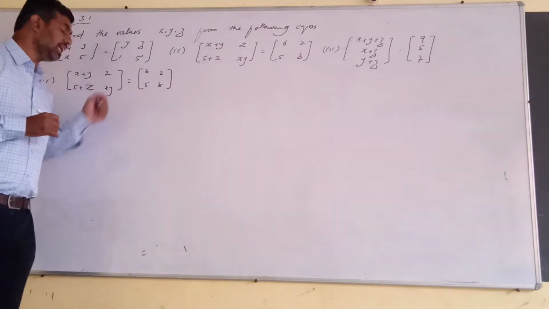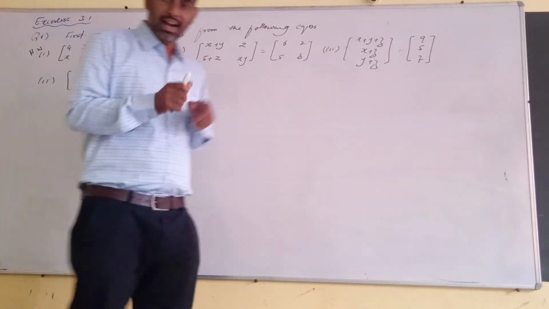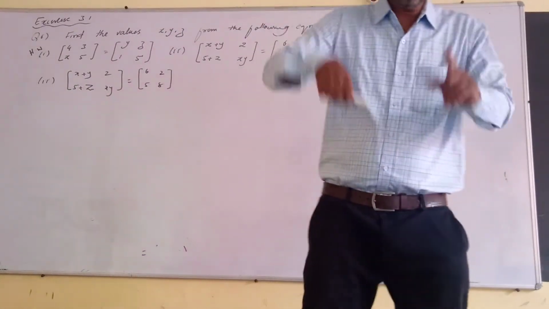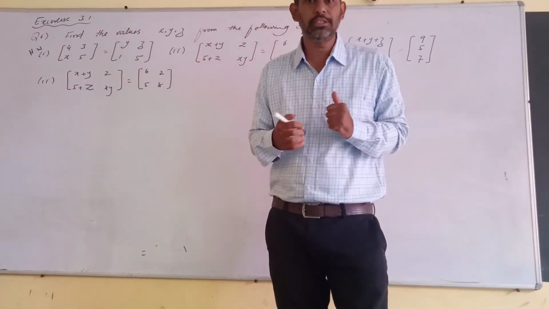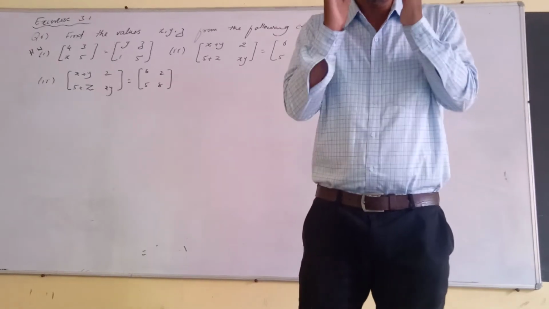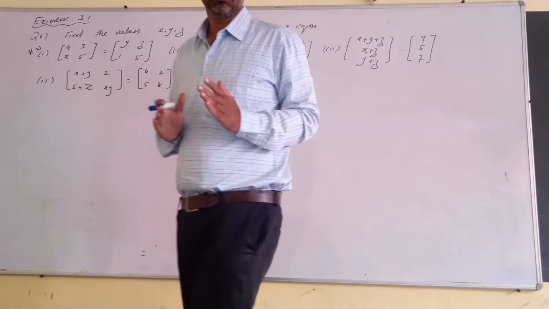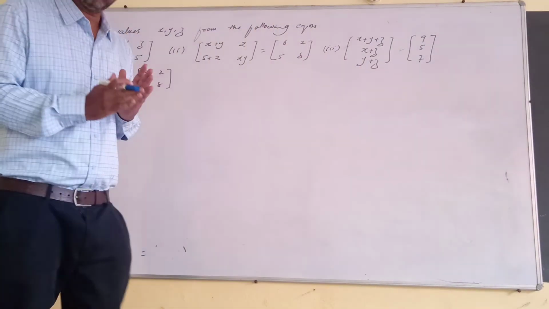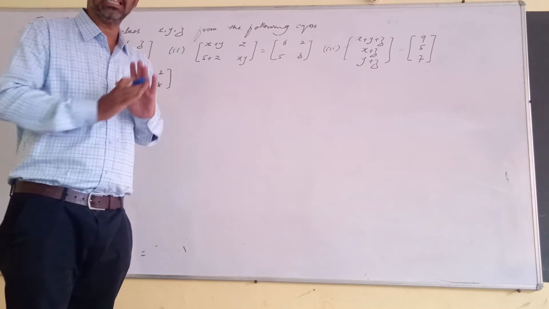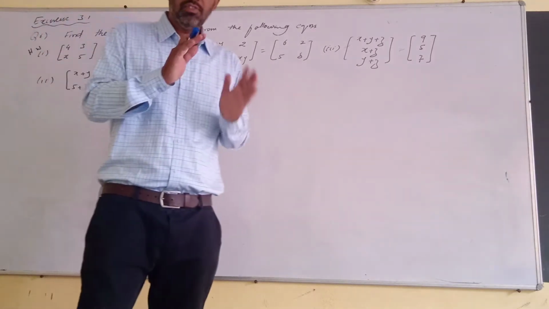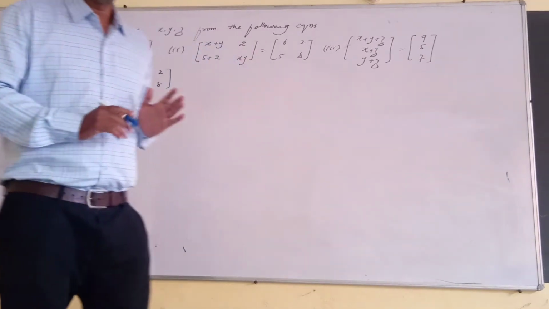Now what is given here? The matrices are equal. Now go back to the definition of equal matrix. Two matrices are said to be equal if their orders and elements are the same.